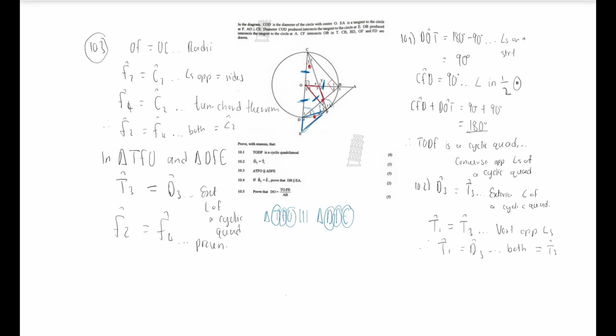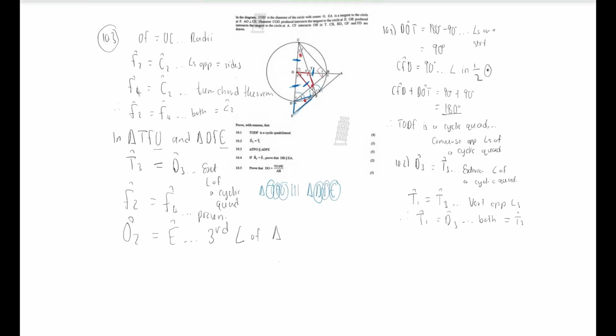Which must mean that our third angle must be obvious. The last angle which is left out is O, and the last angle over there is E. So we're going to say that O in TFO, that's O2, angle O2 is going to be equal to the last angle in triangle DFE, angle E. And our reason is going to be third angle of a triangle.